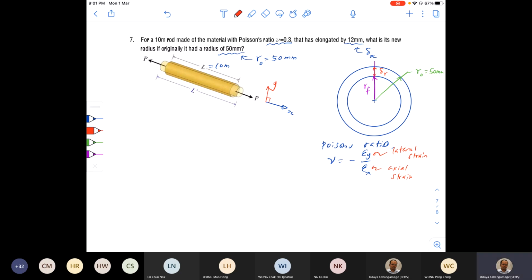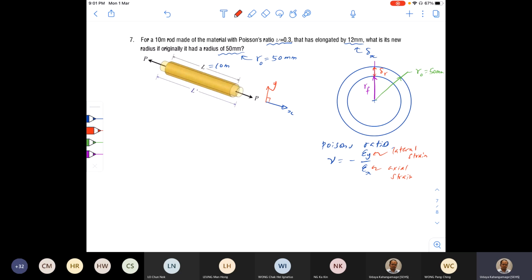Poisson's ratio is given as 0.3. We should be able to find epsilon x because we know delta x and the original length. If we find epsilon y, then we should be able to find the contraction.